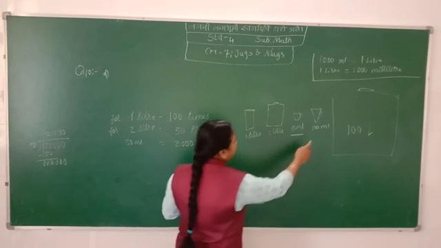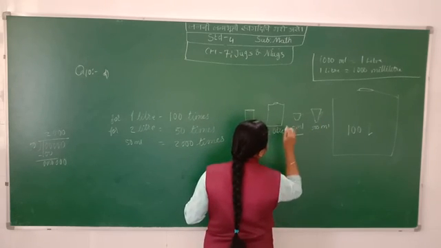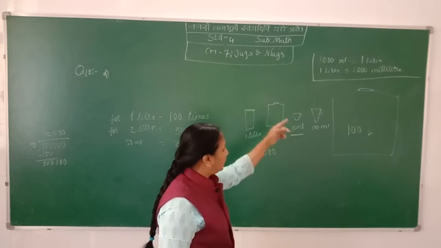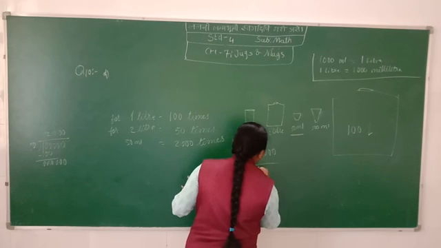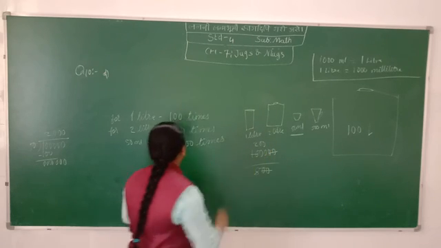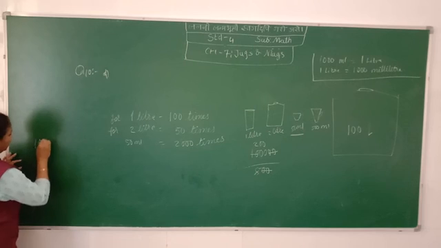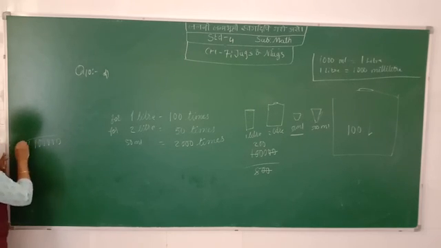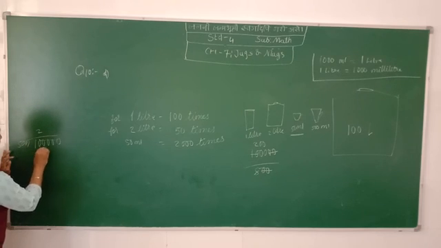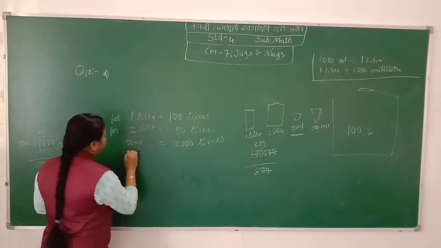You convert 100 liters, which equals 1 lakh milliliters, and divide it by 500. 1 lakh divided by 500: 500 times 2 is 1000, so the answer is 200. That is the answer for 500 ml.